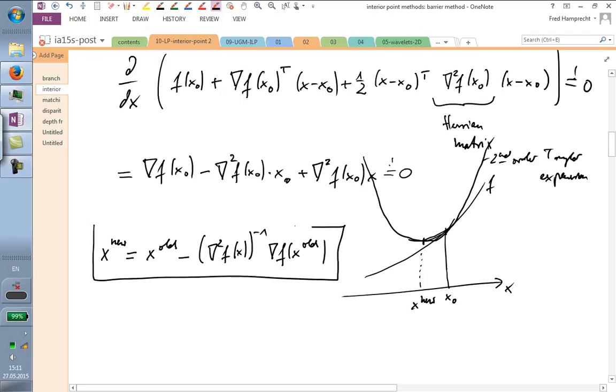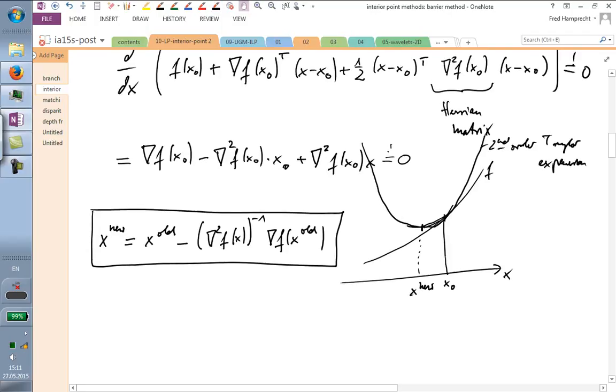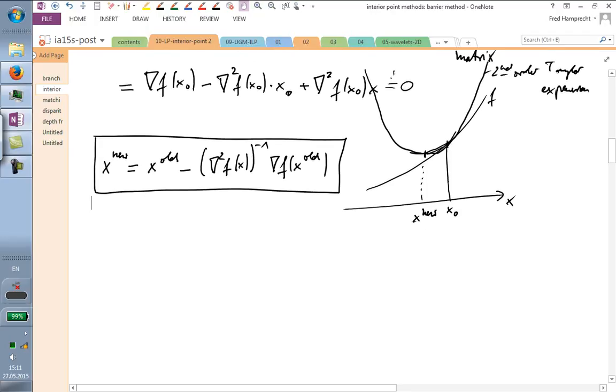So this is the Newton step. Okay, and now we introduce this kind of repulsive potential from the walls of the polyhedron. And it is popular to use a logarithmic barrier.